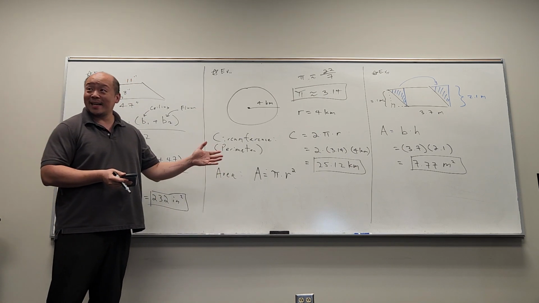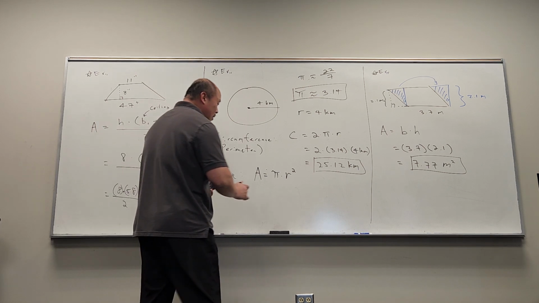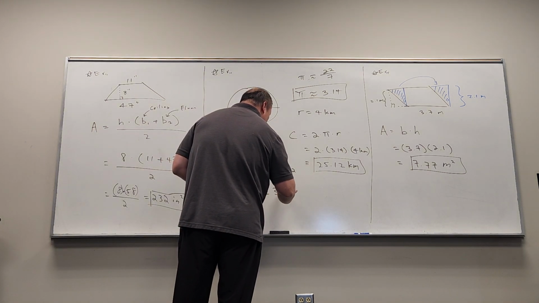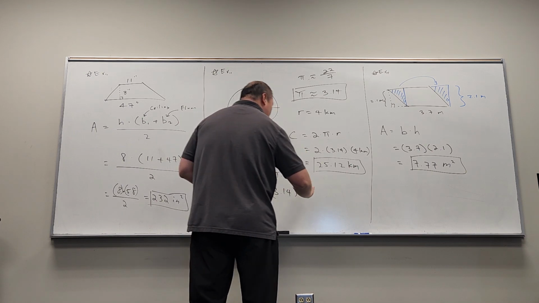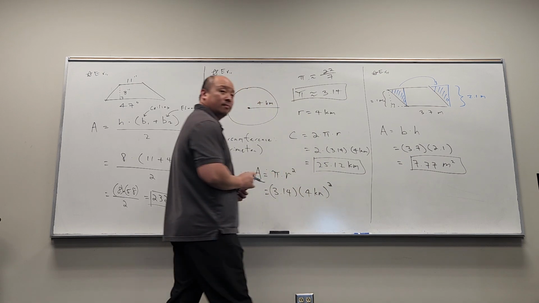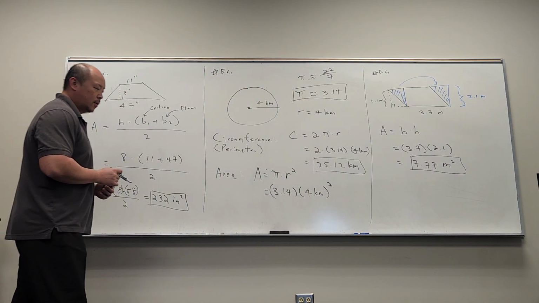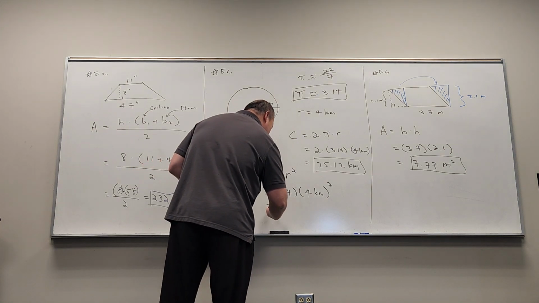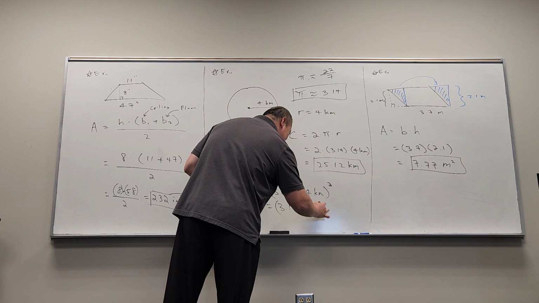So it's almost the same thing with the pi and the radius, you just gotta plug it in. So this is 3.14 times 4 kilometers squared. So that's 3.14 times 16.